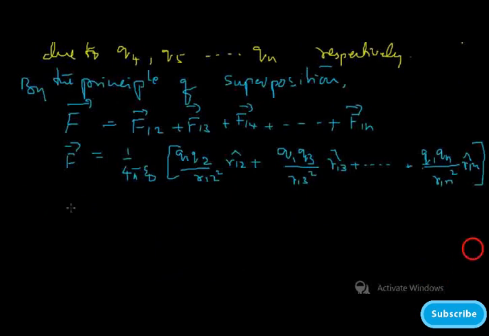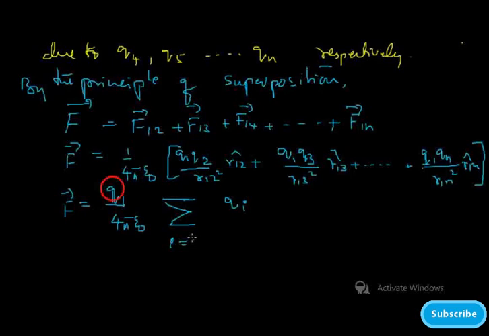Using the summation symbol, we can simply write F vector equals 1 by 4 pi epsilon naught, Q1 is common in all the cases so take it outside, sigma of Qi, the ith charge, where i goes from 2 to n, divided by R1i square, into R1i cap.